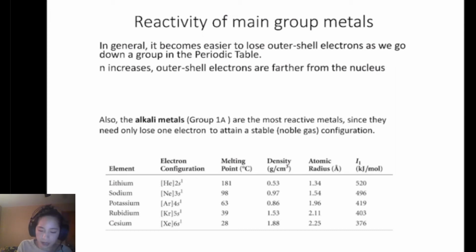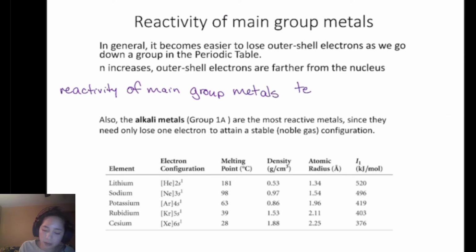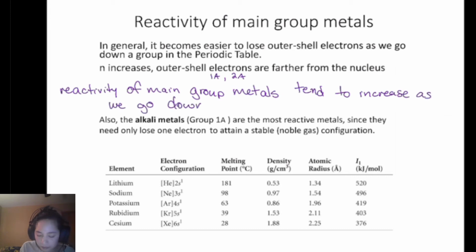With main group chemistry, since it's easier to lose an electron, the reactivity of main group metals, so I'm talking about groups 1A and 2A, tends to increase as we go down a group.